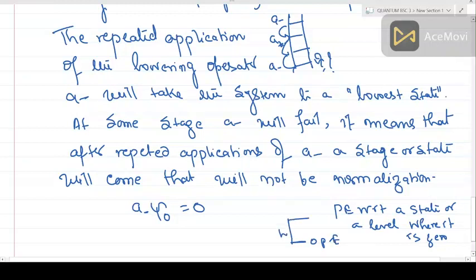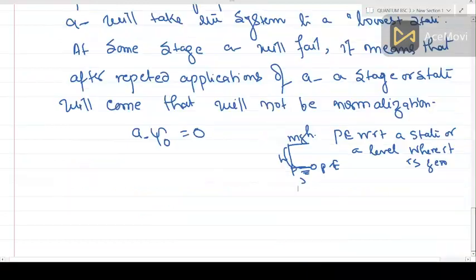You define this as 0 potential energy, then you go to some height h and say that your potential energy is mgh. This mgh is with respect to this level 0. So when you are getting down, you come down to this 0 state, you do not directly go to a negative state. This is the concept. This means at a certain stage when A minus is applied, it is going to produce 0. This is the failure of the A minus operator.